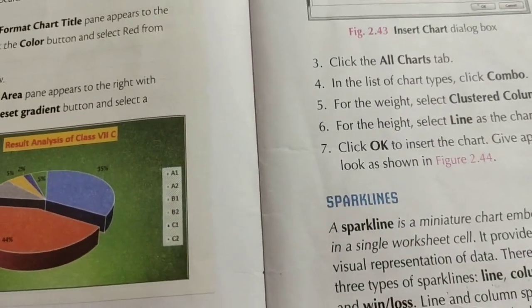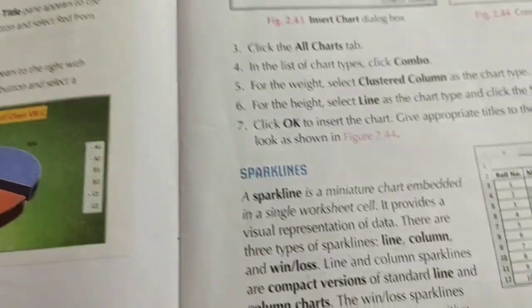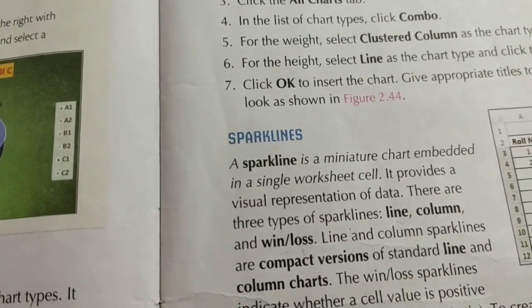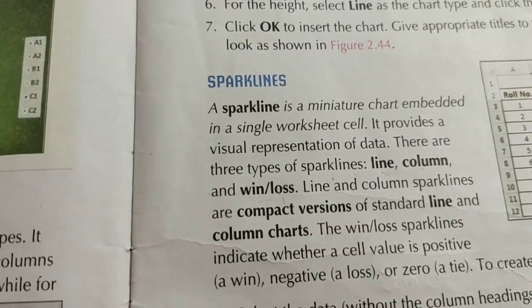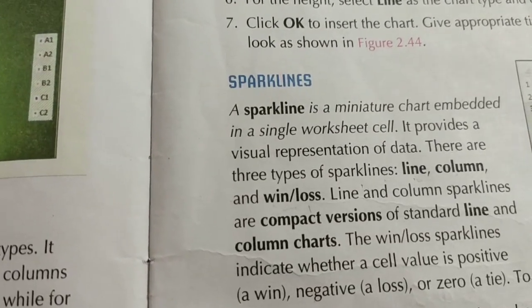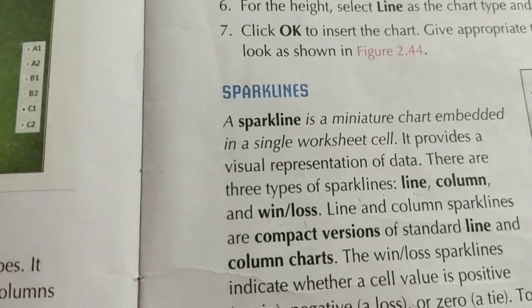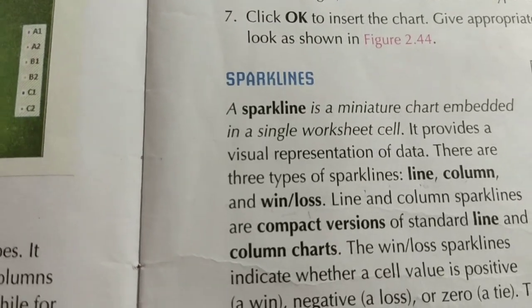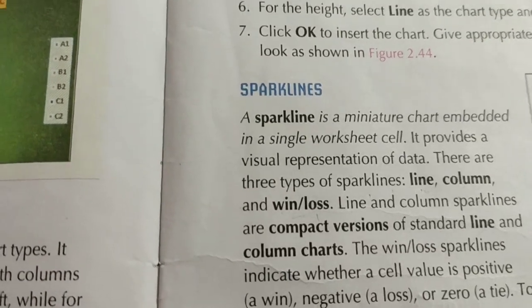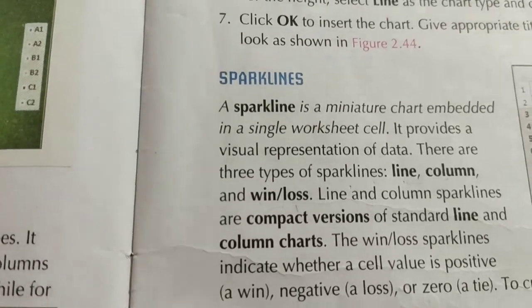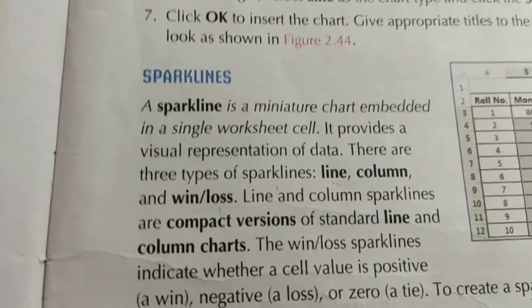These two charts I cannot show you here because I am using the 2007 version, and in the 2007 version we cannot use the combo and the sparkline chart. I already explained what the combo chart and the sparkline chart are. But still I will show you theoretically how you create the chart.